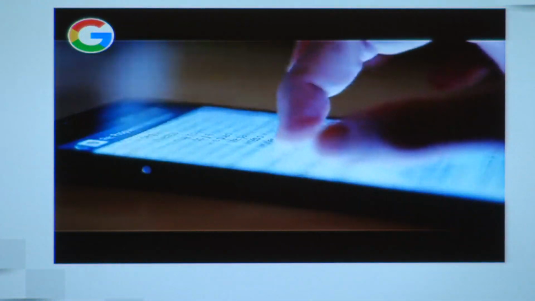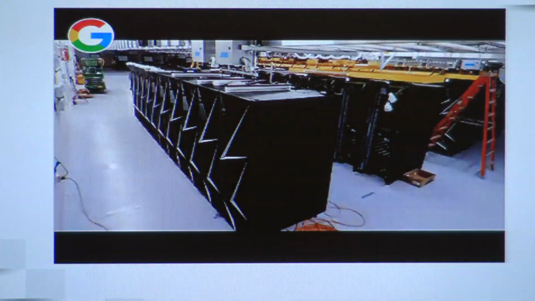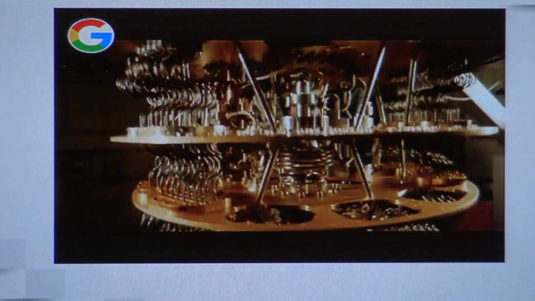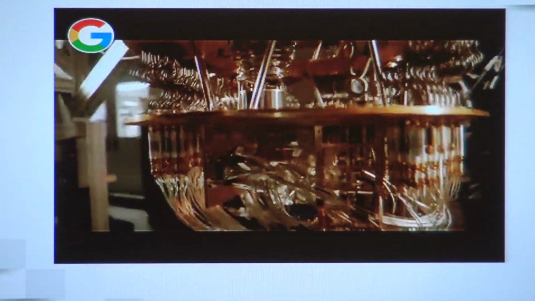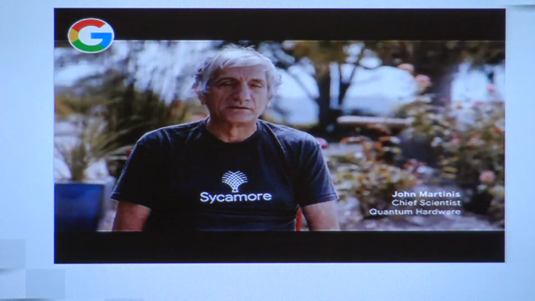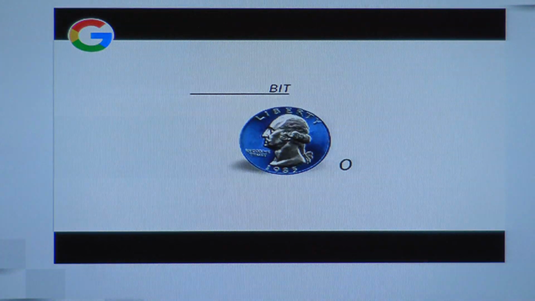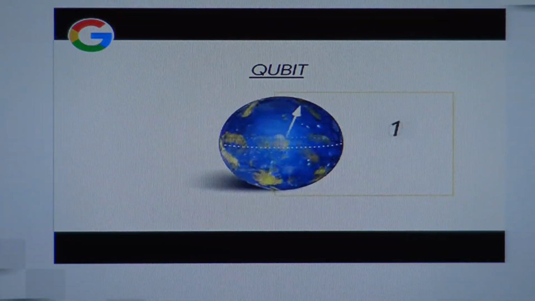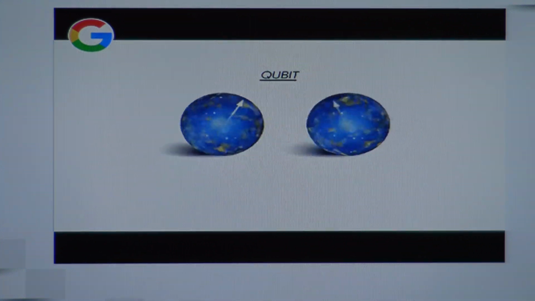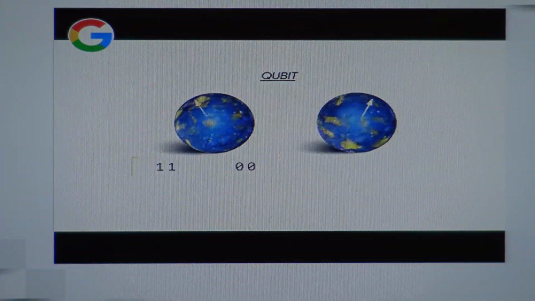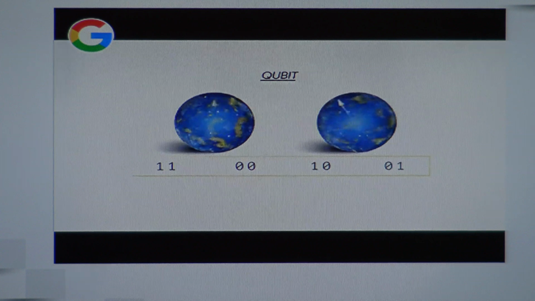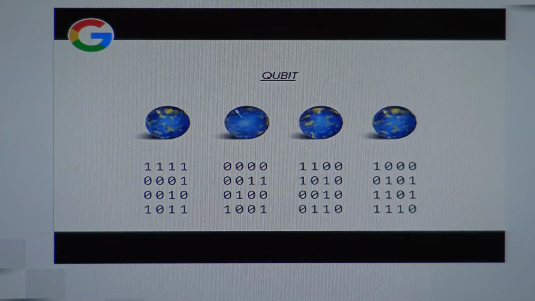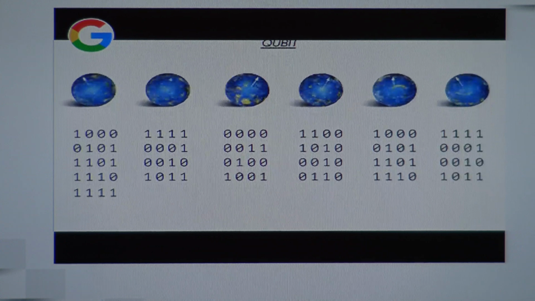The truth is the phone and the laptop and even a very powerful supercomputer all operate according to the same fundamental rules. And a quantum computer is fundamentally different. The classical bit stores information as a 0 or 1, and a quantum bit can be both 0 and 1 at the same time. If you have 2 quantum bits, then there are 4 possible states that you can put in superposition. With 3 qubits, it's 8, 4 qubits, it's 16, but grows exponentially.